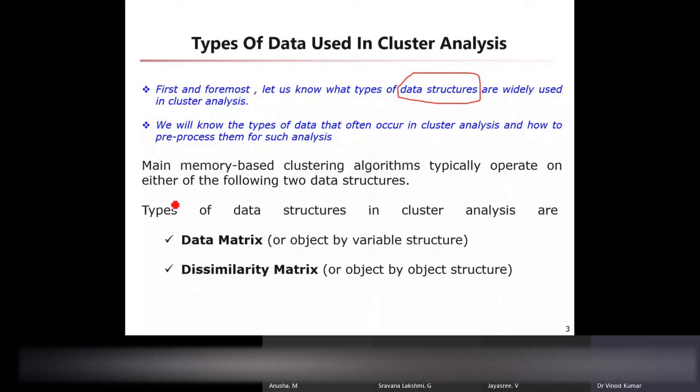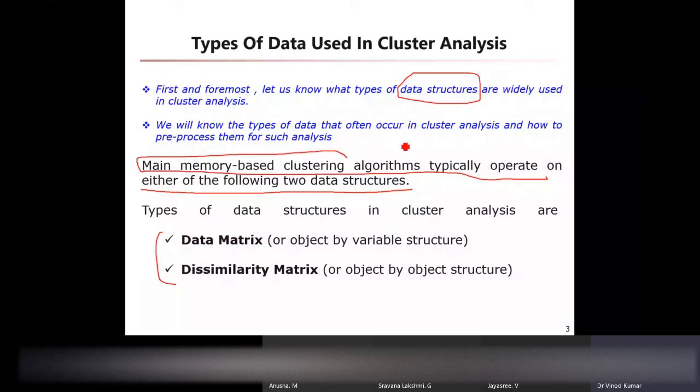Mainly two types of data structure we follow here in clustering. Main memory based clustering algorithms typically operate on either of the following two data structures. Main memory based clustering means the clustering will be done in the main memory itself.